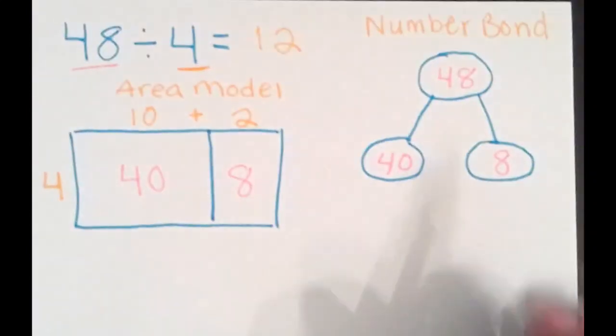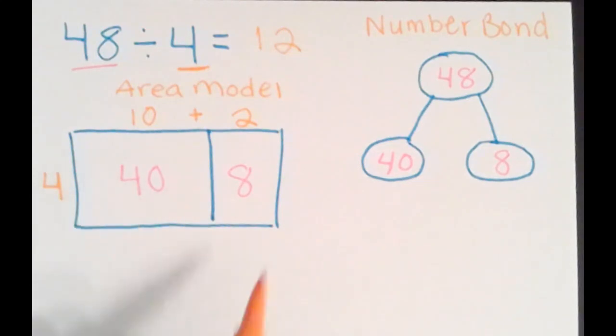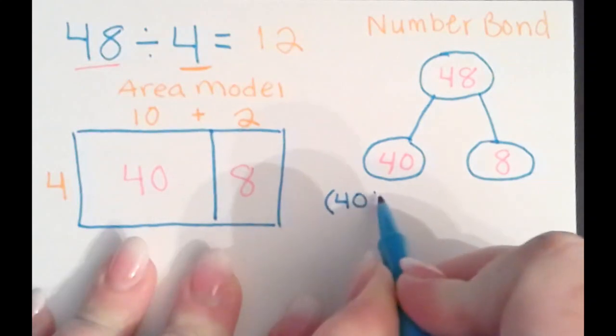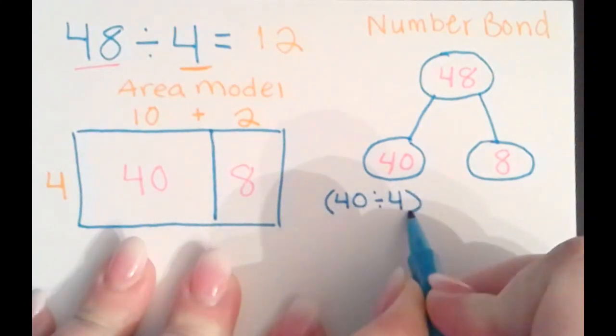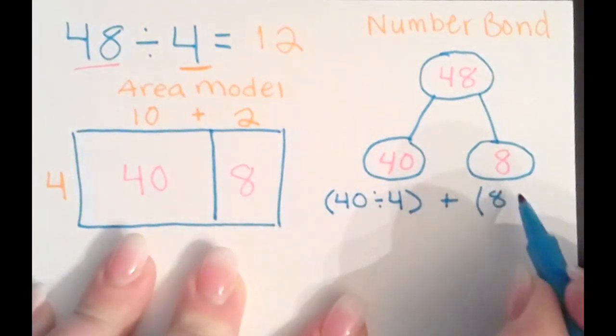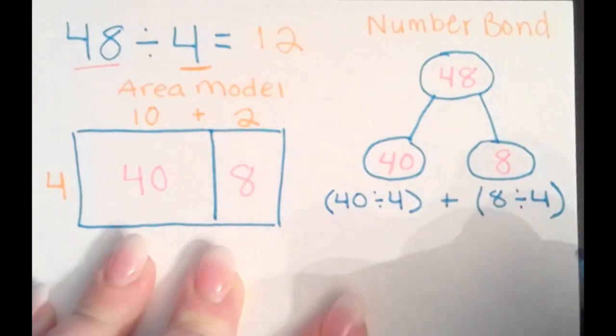Now I'm going to break down all the operations that we just did over here underneath my number bond. In the directions of the Eureka Math problem sets, you're going to hear this referred to as using the distributive property to solve. So with our 40, we did 40 divided by 4, and we're going to add that answer to 8 divided by 4.